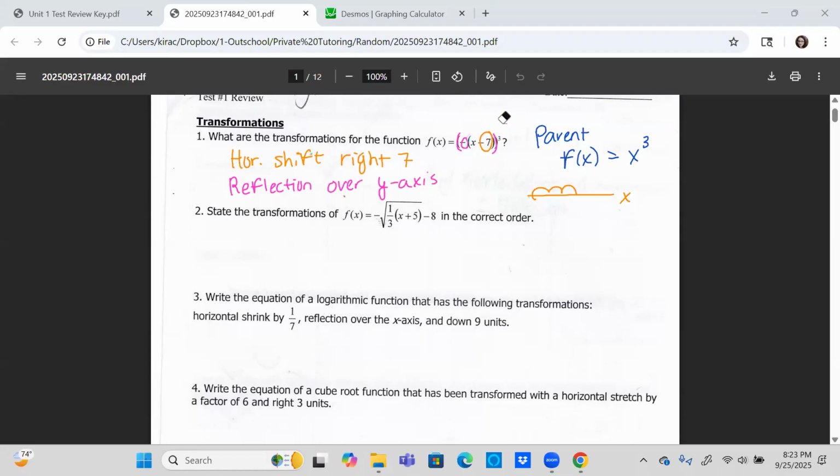When it's on the outside, so if the negative would have been here, see how that negative is not taking on the cubed in the pink example? That is a reflection over x. But when it is taking on the cube or the parent, if you will, it is a reflection over y.